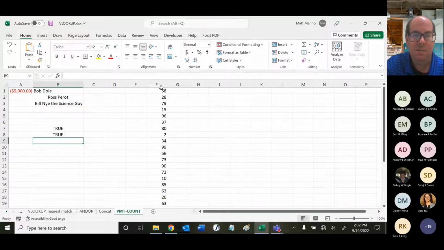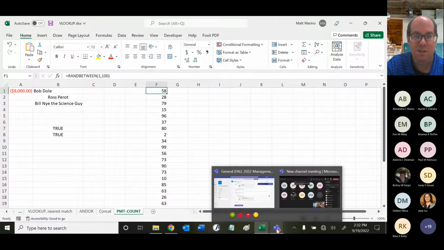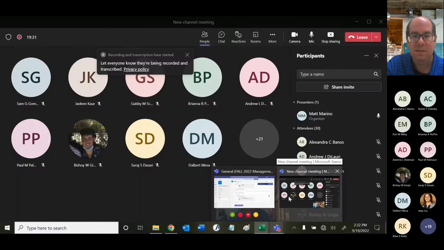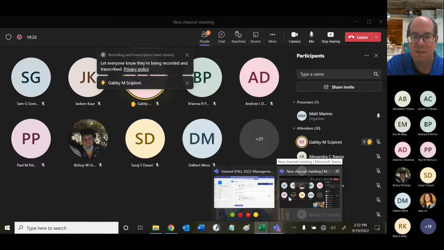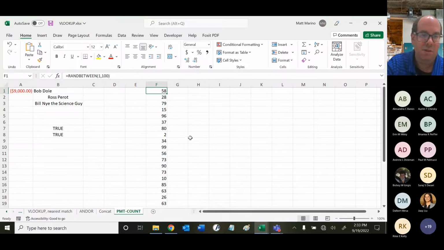So you notice here in column F, there's a bunch of numbers that randomly show up. So what I have set up is what's called a rand between function. Can anybody guess what a rand between function is just from the name? Gabby again. It gives you a random number between those two numbers. Yep. It's a random number generator, basically. So in this example, I have the rand between 1 and 100.